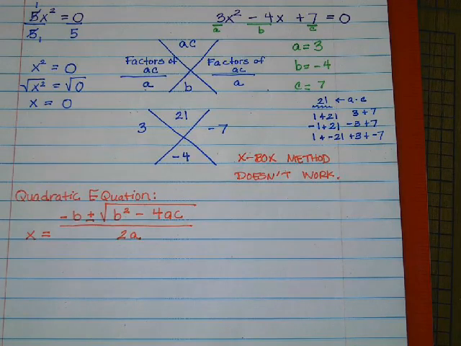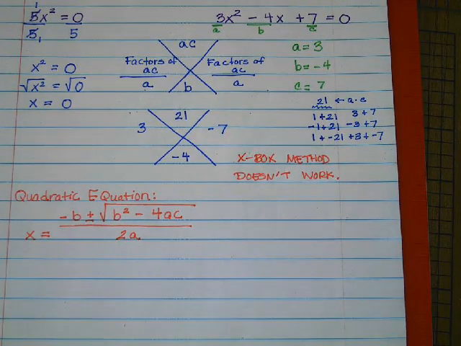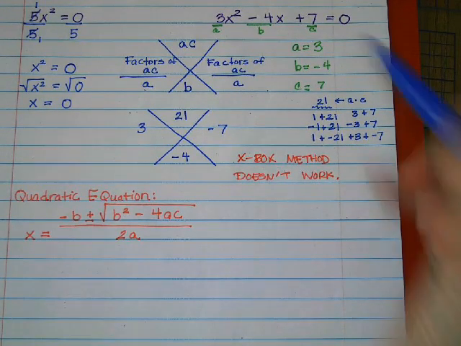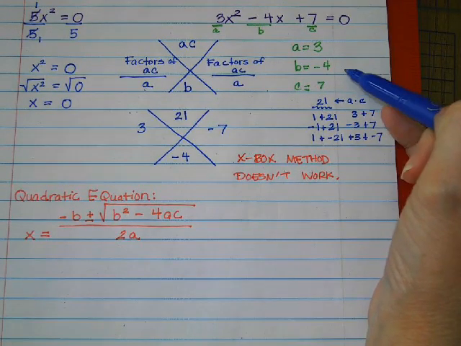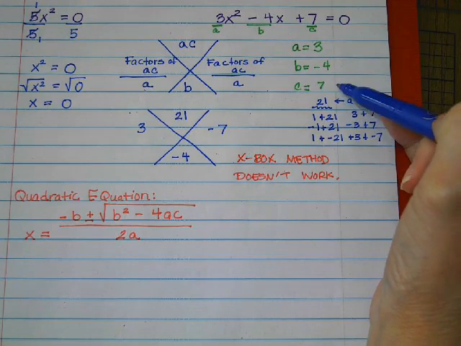So here's our quadratic equation. Now we're still going to use the values of a, b, c that Lainey helped us out here with. We know a is 3, b is -4, and c is 7.